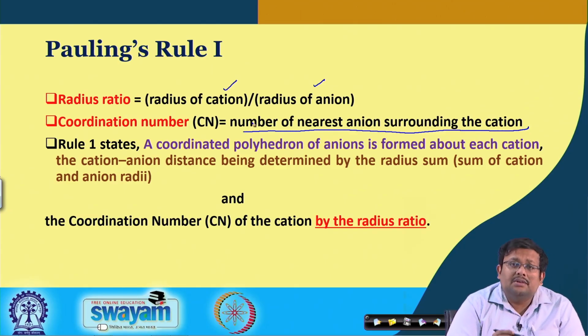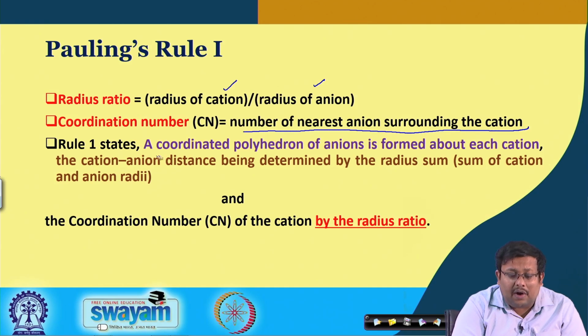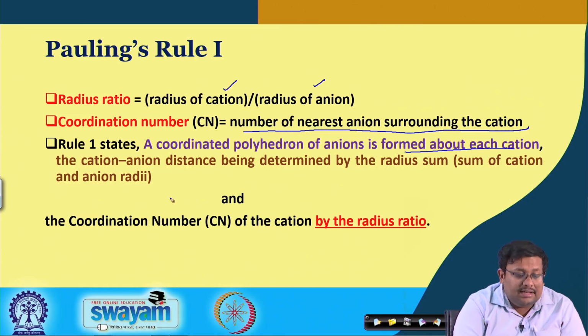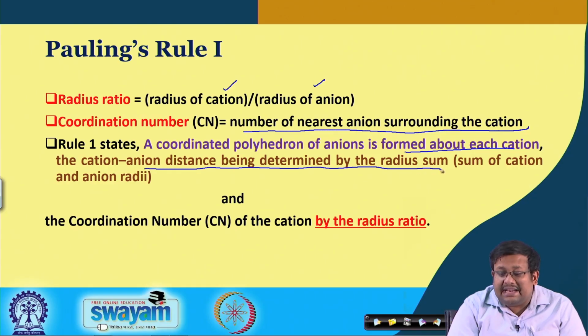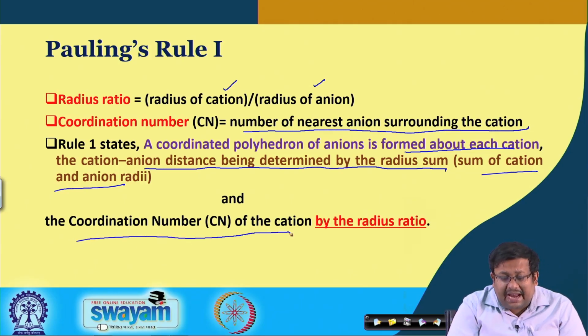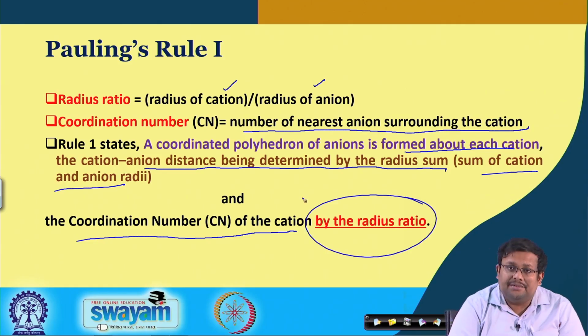So, what does rule 1 say? Rule 1 states that a coordinated polyhedron of anions is formed about each cation, the cation-anion distance being determined by the radius sum, which is the sum of the cation and anion radii, and the coordination number of the cation is governed by the radius ratio.